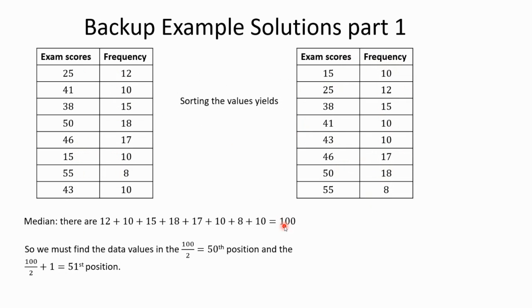And in the process of finding the median, we saw that if there is an even number of data values, as here, you divide by 2, and in this case, we get 50, and you look at the 50th and the 51st position. You have to find the data values there.